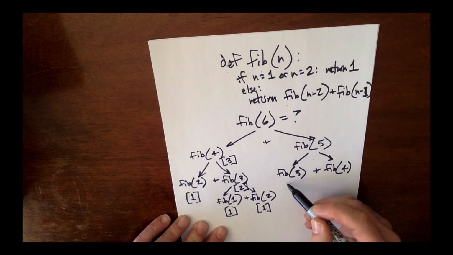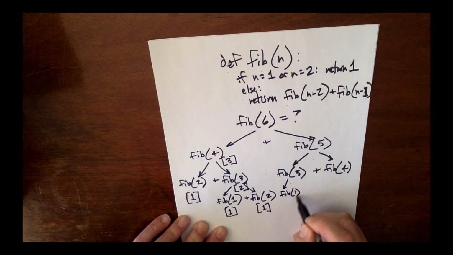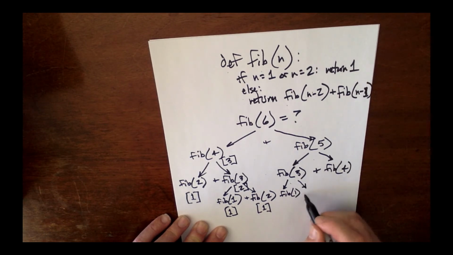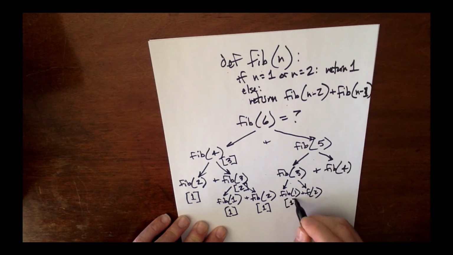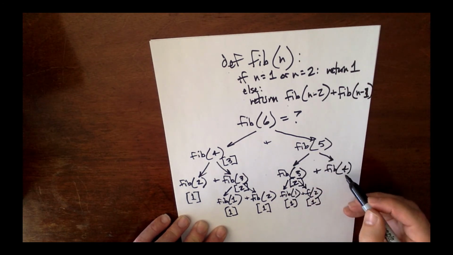So we have to continue going down this rabbit hole of calculating fib 1 plus fib 2. And fortunately, those are pretty easy. That's 1 and 1. 1 and 1 is 2. So I'm going to add 2 to whatever Fibonacci 4 is.